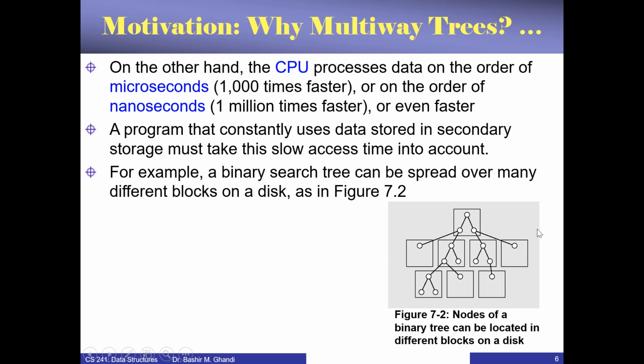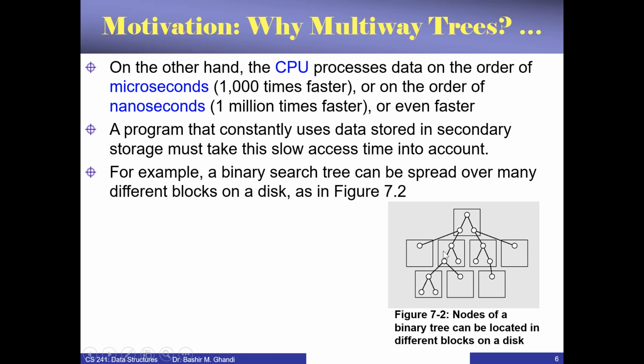So the data is spread across several blocks, and we know that we cannot read more than one block at a time. So this tree has to be read 1, 2, 3, 4, 5, 6, 7, 8 times in order to read the entire data. And this is the problem that we are trying to solve.